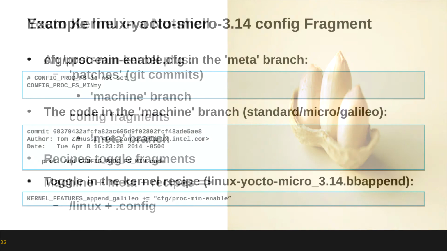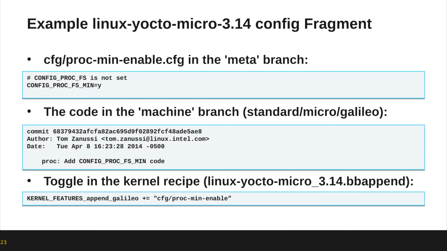And here's a concrete example of what that looks like. Again, using config procmin enable. These are the config options that make up the procmin enable fragment. Here's the new one that I added, and then I turn config procfs off because I'm using the minimal version. So that's in the meta branch. And then the machine branch, this is the name of the machine branch, standard micro Galileo.